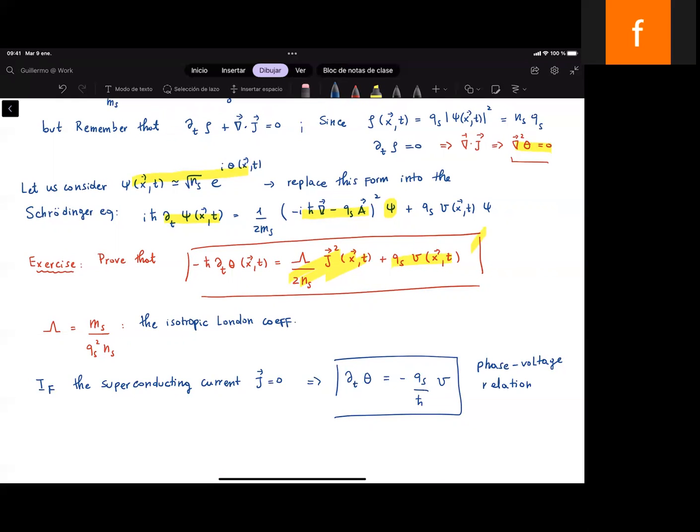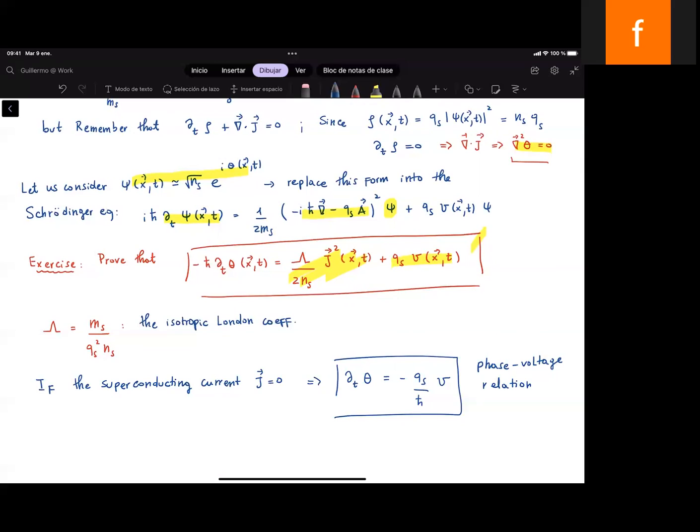But then have a look. This phase voltage relation is not gauge invariant, because remember that this scalar potential is defined up to the partial derivative in time of a scalar function. I'll show you later in the next lecture.